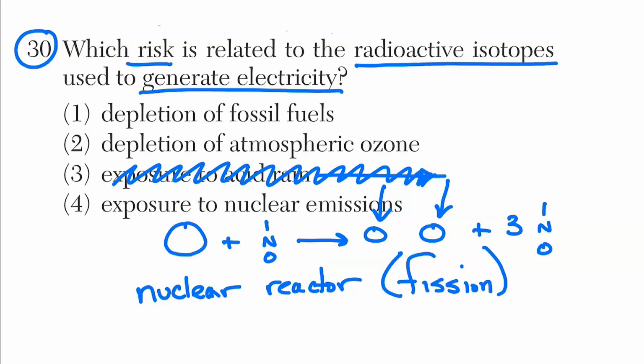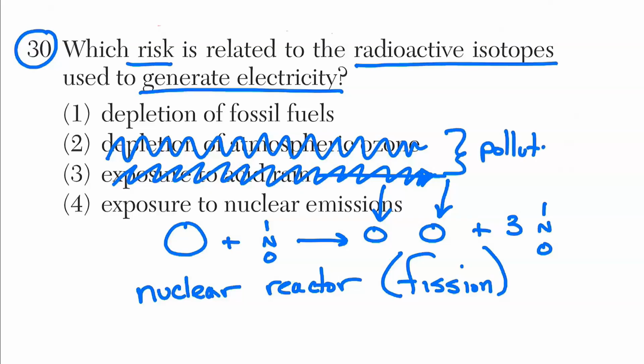Depletion of the atmospheric ozone is usually with CFCs or chlorofluorocarbons, where you have carbon-based products getting cleaved off, and they cause a mechanism by which the ozone, the O3, gets depleted. That's not what we're doing here. We're not giving off any pollution. So 2 and 3 are about the fact that we're giving off some kind of pollution, and that's actually not what nuclear reactors do.